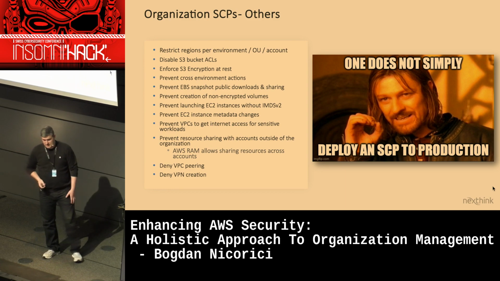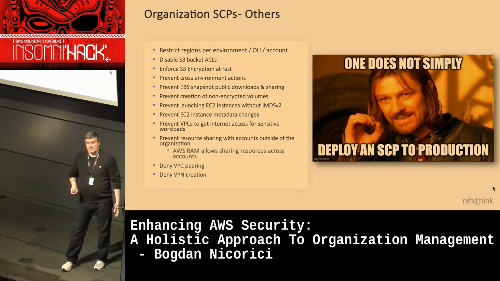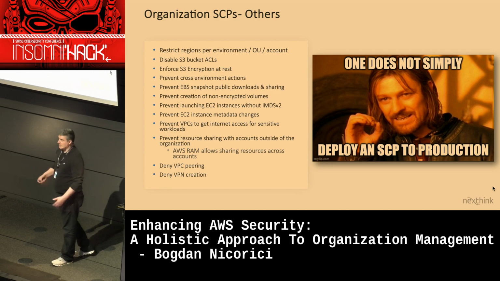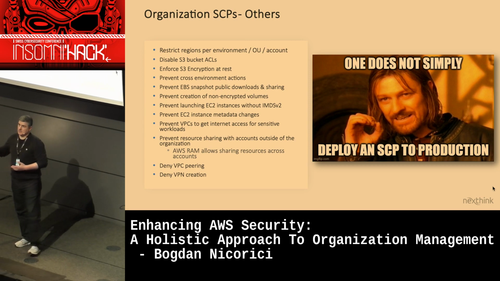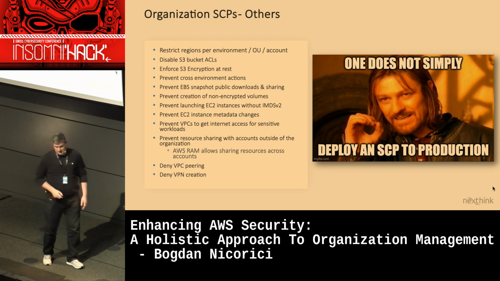So as you can see, SCPs can be very powerful. You should also deny changing the instance metadata of those EC2s, because maybe they will spin up the instance with IMDSv2 enabled, and once it's up, they will change the configuration of the EC2 instance.